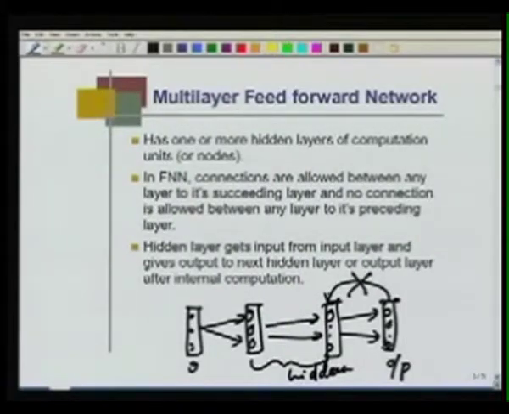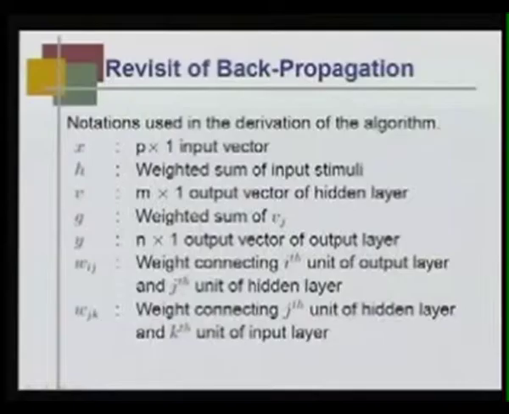So, this connection is not allowed from this layer to this layer, but from this layer to this layer it is allowed. A hidden layer gets input from the input layer and gives output to the next hidden layer or output layer after internal computation. This is the basic structure of the feed-forward network. So, this is the notation we used in the last class about the backpropagation network.